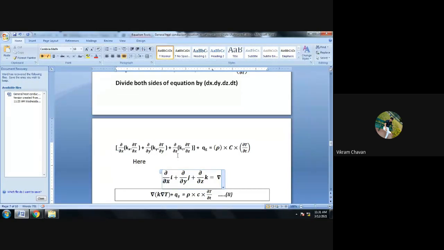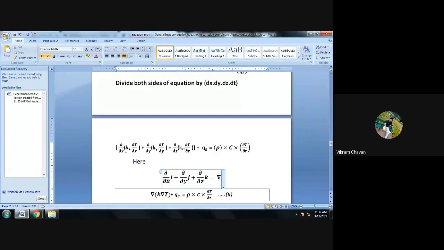Remember, where i, j, k are the unit vectors along the x, y, z axes, and this provides you the del operator.